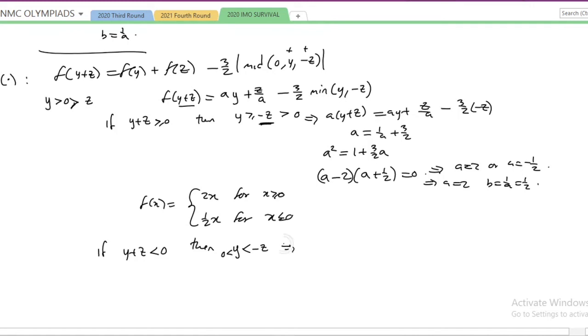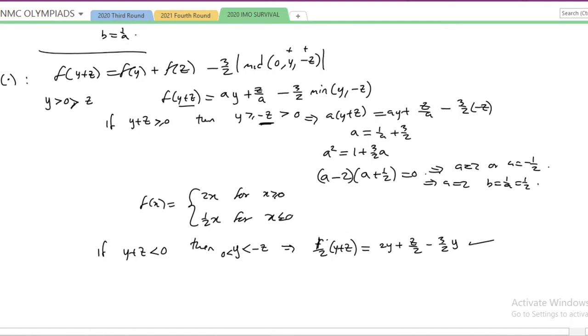So this time we need f of y plus z, so that will be half of x, so that will be half of y plus z, equal to ay, which in this case is 2y plus z over 2. Now the minimum here is y, so that will be minus 3 over 2y, and yeah, this checks out.